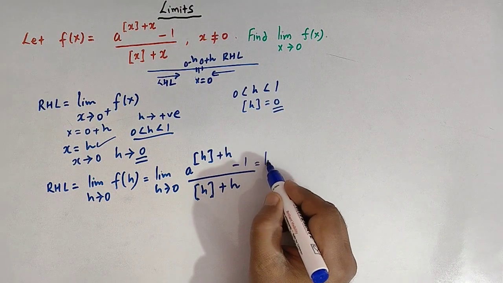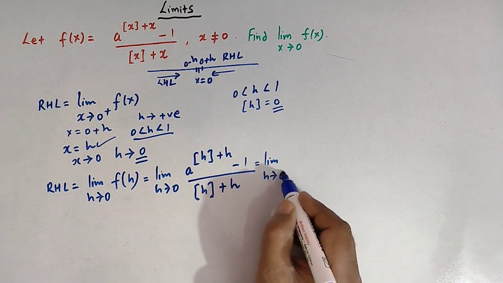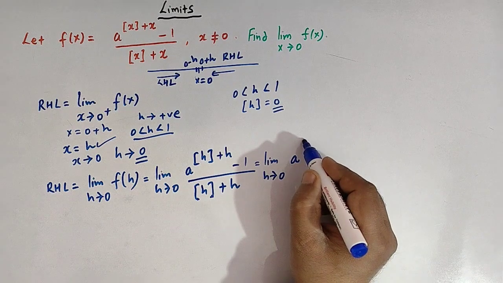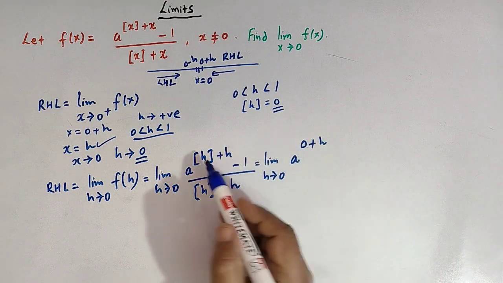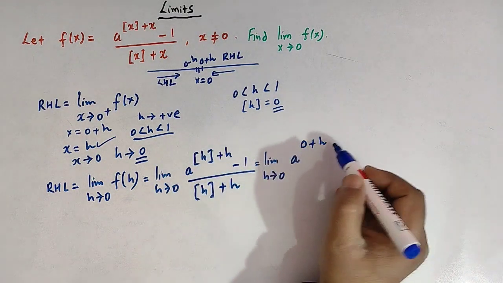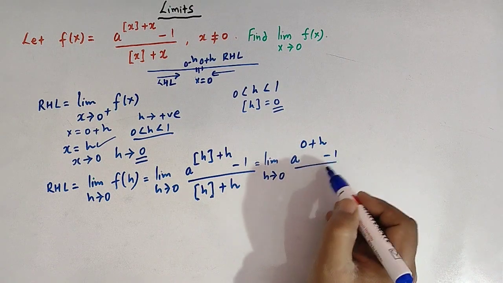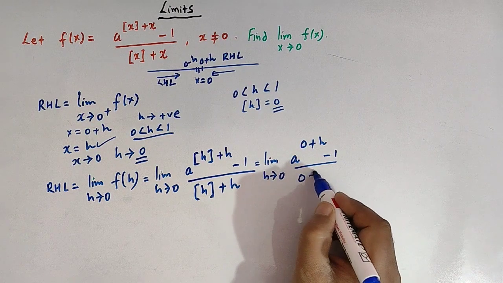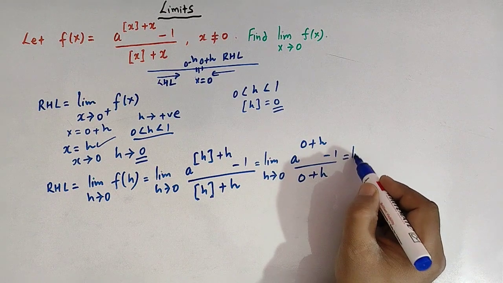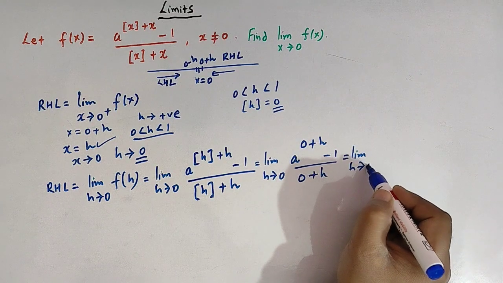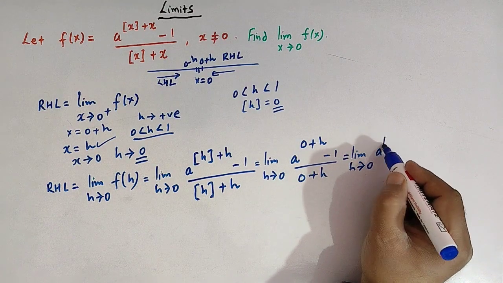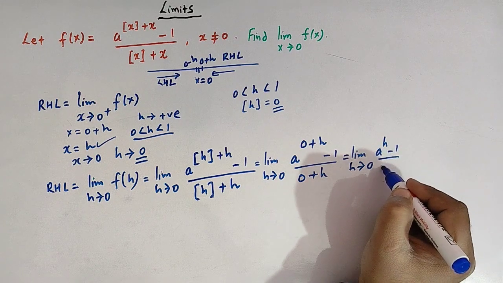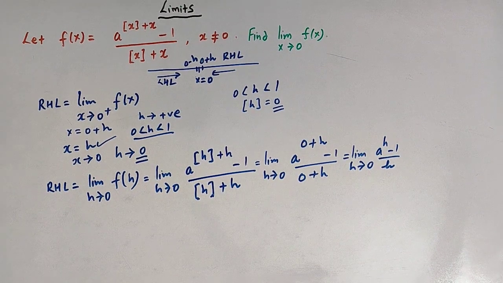Now we can write the limit as h tends to 0, and we have a raised to (0 + h − 1) over (0 + h), so this is the limit as h tends to 0 of a^(h − 1)/h.